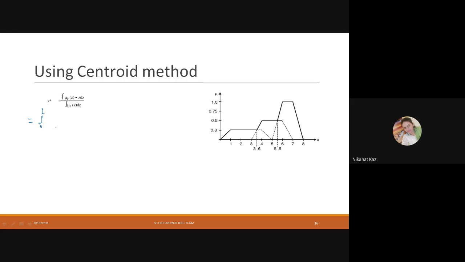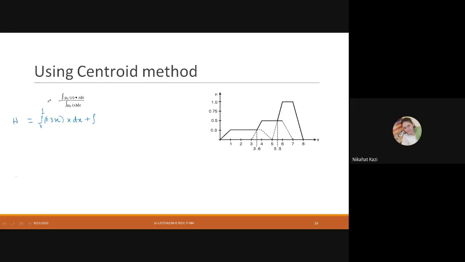There is no c. What is the mu value? Mu is equal to 0.3x. Yes, ma'am. Okay, multiplied by x dx. This is the first integral. Next integral is, this is the numerator that I'm writing.